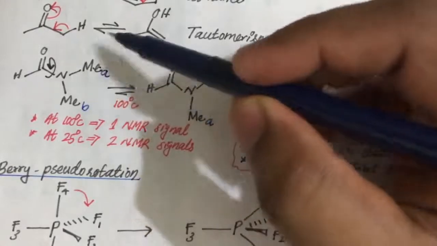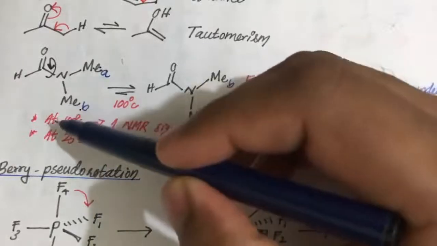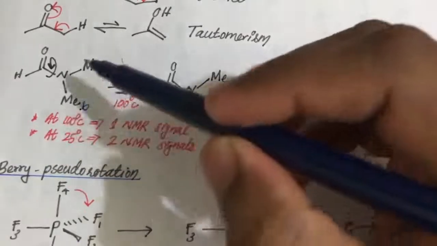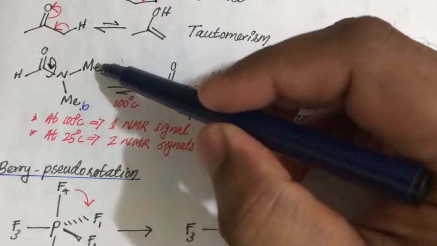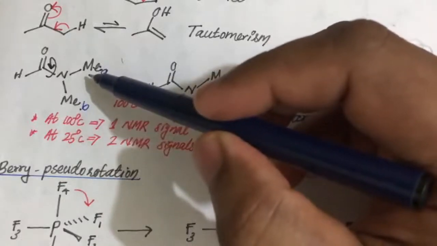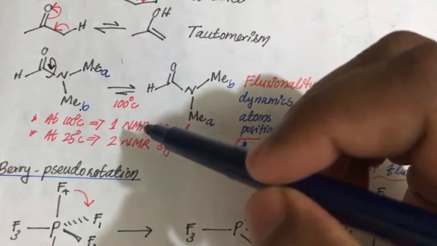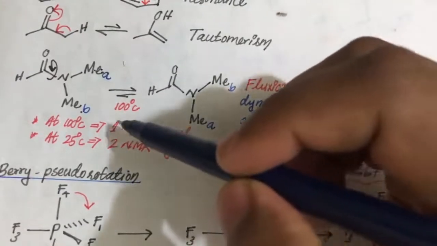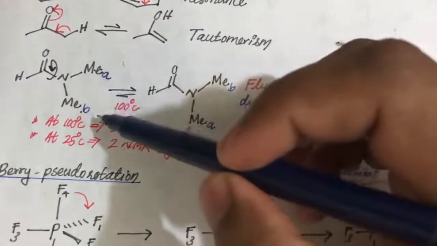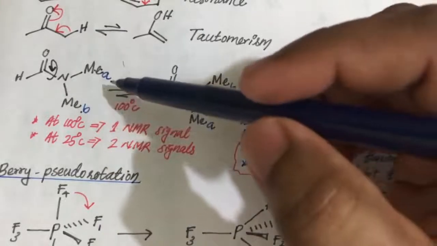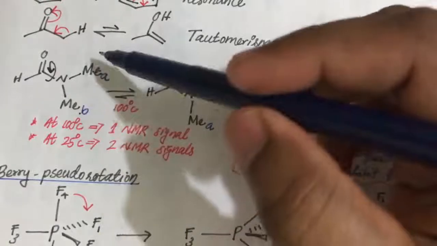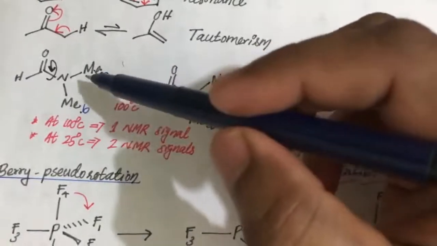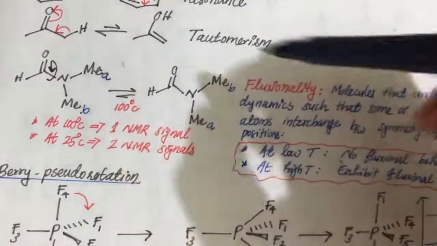So this MeA gives you one peak, this MeB gives you another peak. So at room temperature, N,N-dimethylformamide DMF gives you 2 peaks for 2 methyl groups. That is the charm of NMR when we relate it to fluxionality. So briefly, DMF at high temperature gives you one peak corresponding to 2 methyl groups, and at low temperature gives you 2 NMR peaks corresponding to 2 methyl groups.